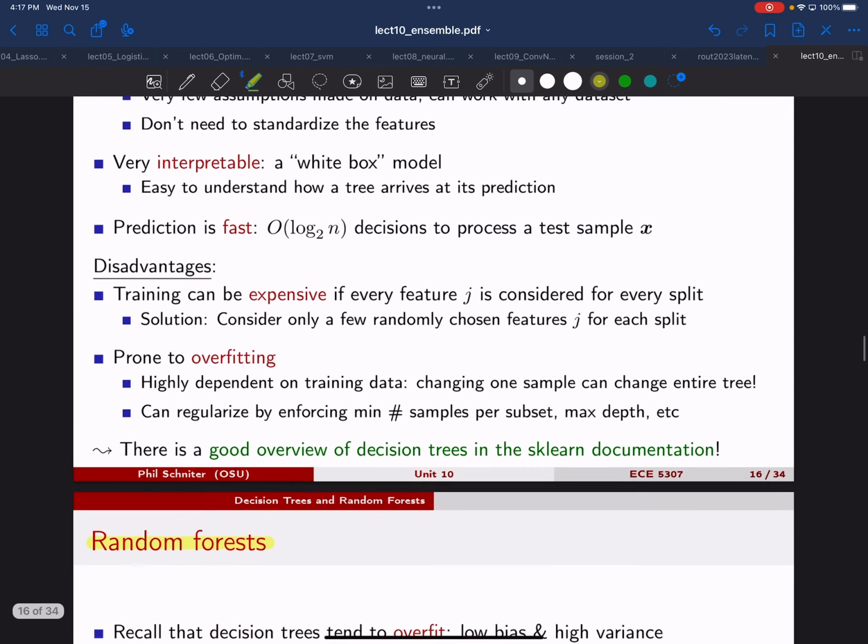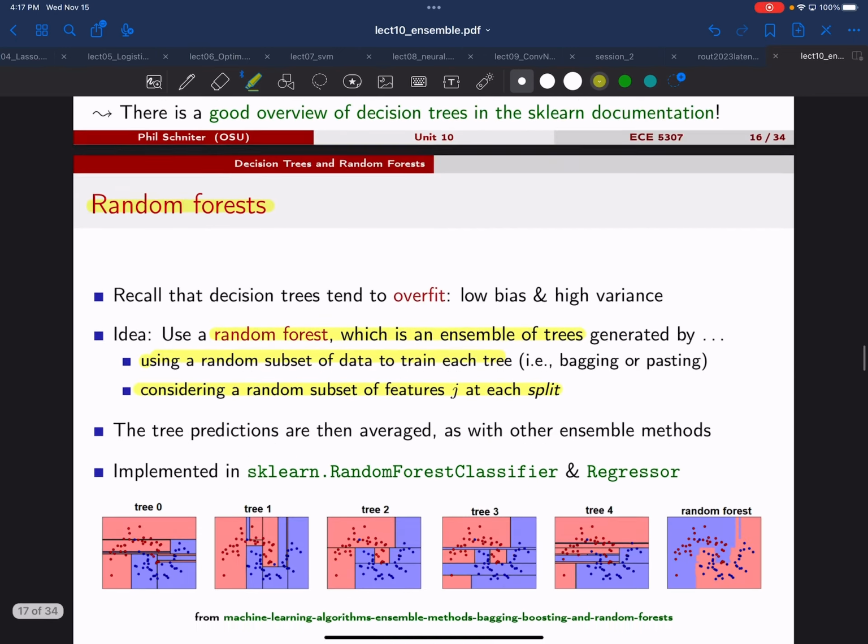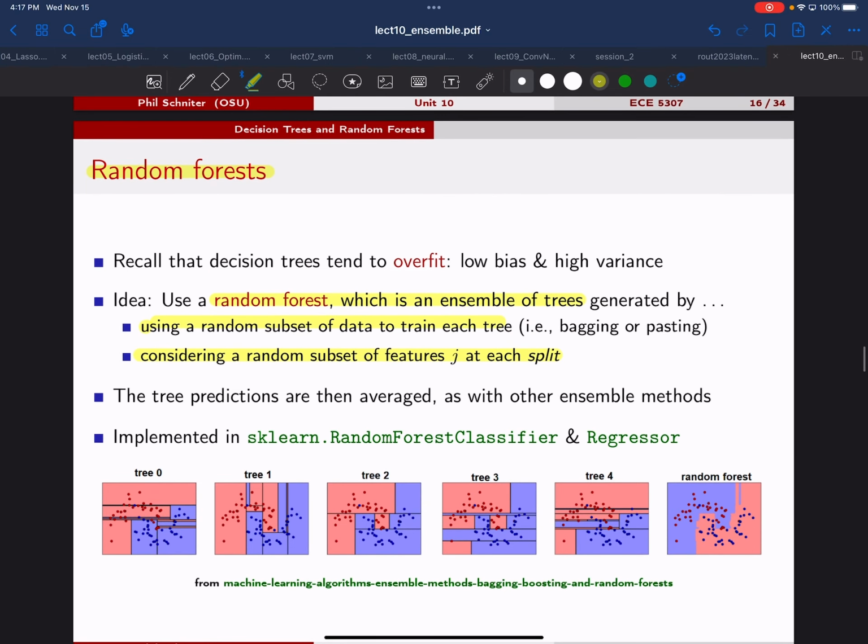So consider only a few random features at every split. That's a nice way to make the training very fast, but it's also a nice way to make these different trees very diverse. So essentially you train each of these trees independently, with a random subset of data and forcing a random subset of features to be considered at every split.